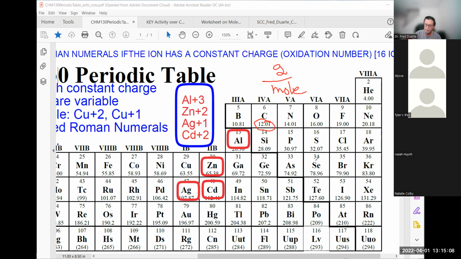So what does that tell you? That means that if I take 12.01 grams in the lab and I weigh out 12.01 grams of carbon, guess what? I have 1 mole of carbon atoms. 1 mole of carbon atoms means I have 6.02 times 10 to the 23rd atoms of carbon.